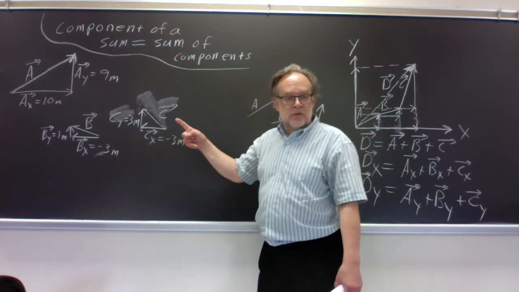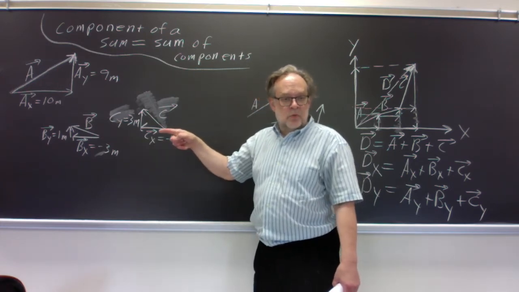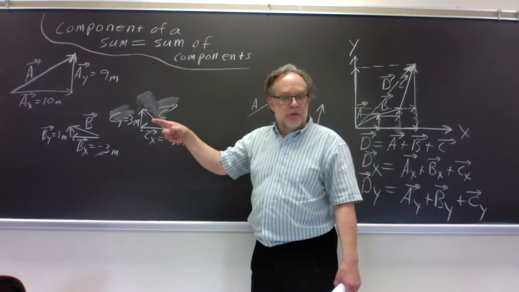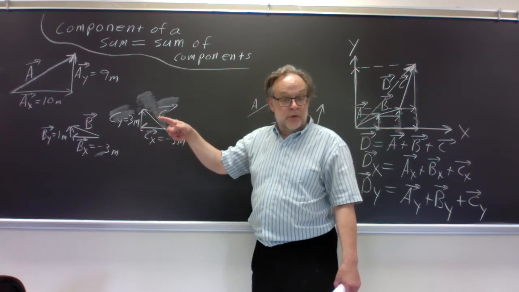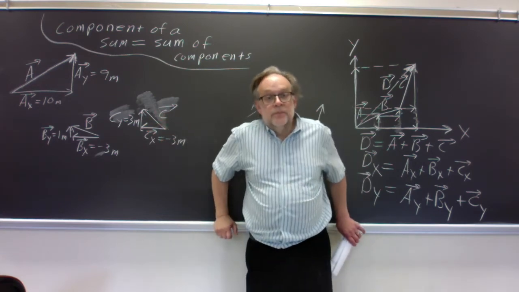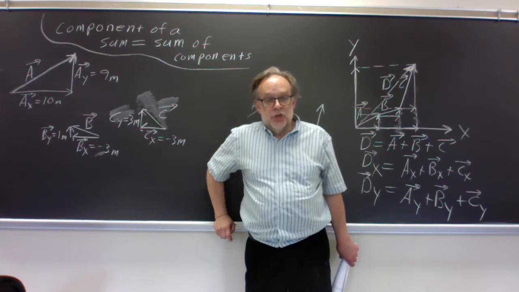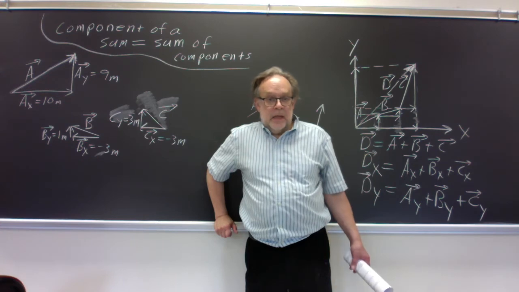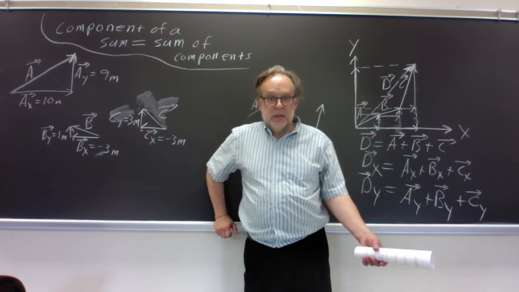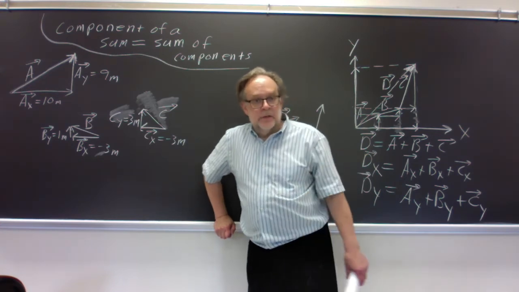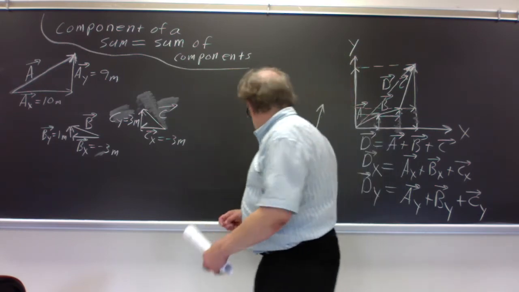And then here's vector C with an x component of minus 3 meters and a y component of plus 3 meters. So if we were to draw the picture that shows how A and B and C are added together and what kind of a net displacement you get out of that, the picture would look something like this.